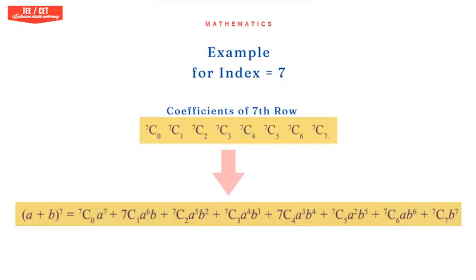For example, the coefficients for index equal to 7 are 7C0, 7C1, 7C2, 7C3, 7C4, 7C5, 7C6 and 7C7. Total 8 coefficients. And for the expression (a plus b) raised to 7, we just have to substitute these coefficients.